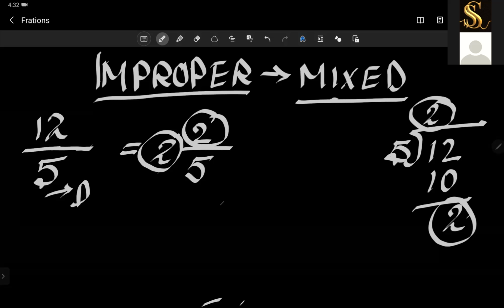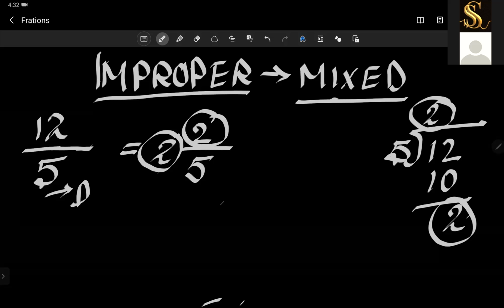So now let's move on to our next conversion of fractions. Our last conversion is from mixed fraction to improper fraction. So now let's take the mixed fraction as 2, 3 upon 5. So to make this an improper fraction, we'll have to multiply the denominator with the whole number. So that will give us 10.